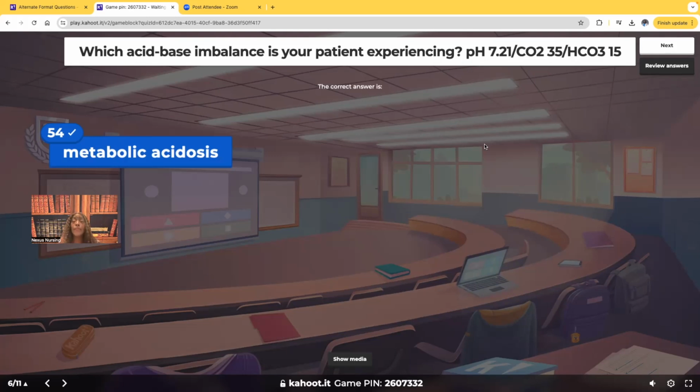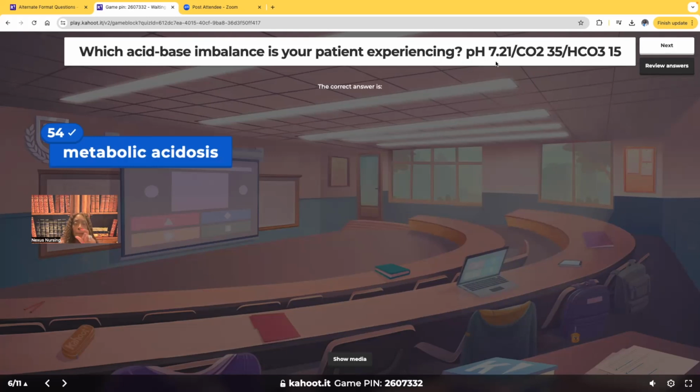Anything less than 7.35, the patient's acidic. Anything higher than 7.45, the patient is alkalotic or basic. Look at our patient's pH. It says 7.21. Well, 7.21 is lower than 7.35. That's how we know our patient's in acidosis.